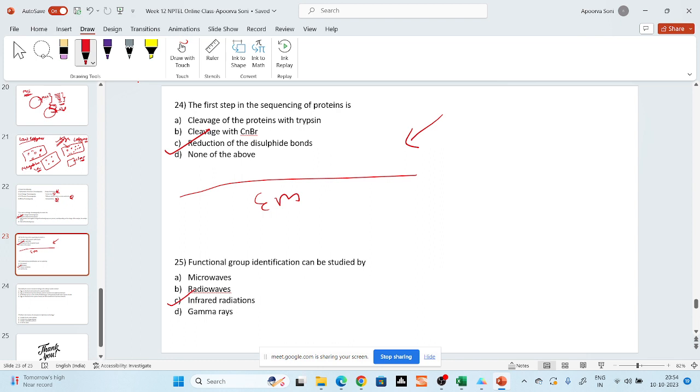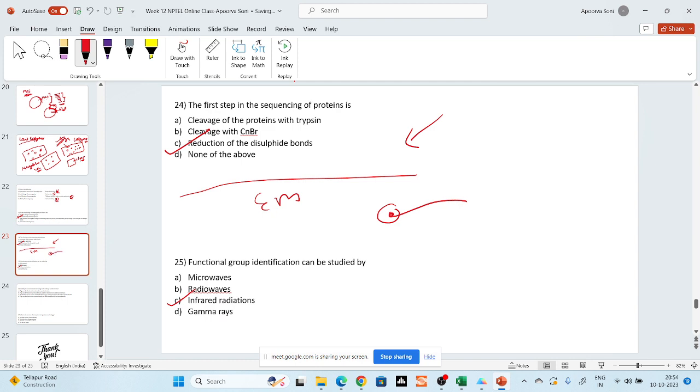So can you use x-rays for the identification of functional groups? No. Why can you not use x-rays? They will affect the bonds. They might break the bonds because their energy is so high. Yes, the energy of the x-rays will just take the electron away from the atom.